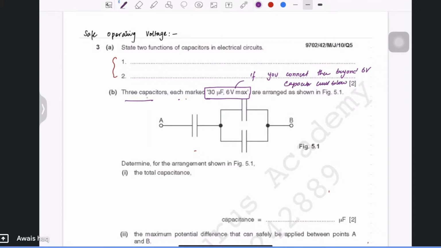So you have to make sure that each one gets at most 6, but they can get less voltage, but not more than this. It should not exceed this value.